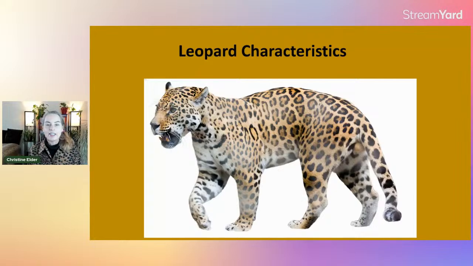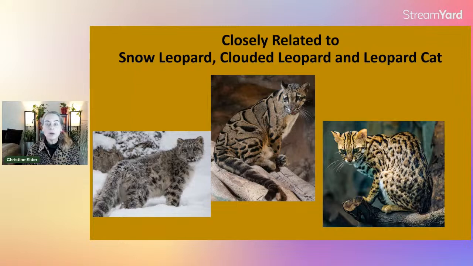So leopard characteristics. So we're talking about that specific species now. They are closely related to snow leopards, clouded leopards, and the leopard cat. I have been lucky enough to see leopard cats in Malaysia.